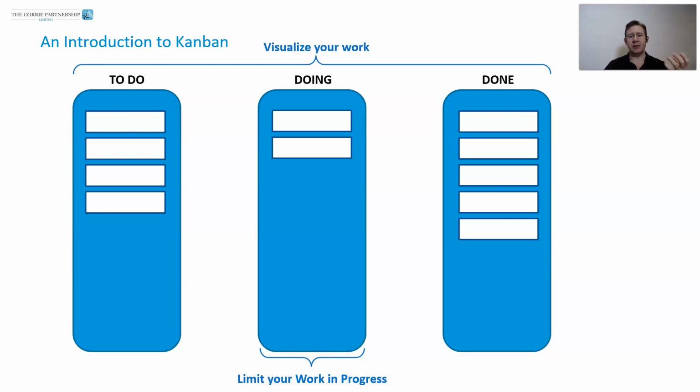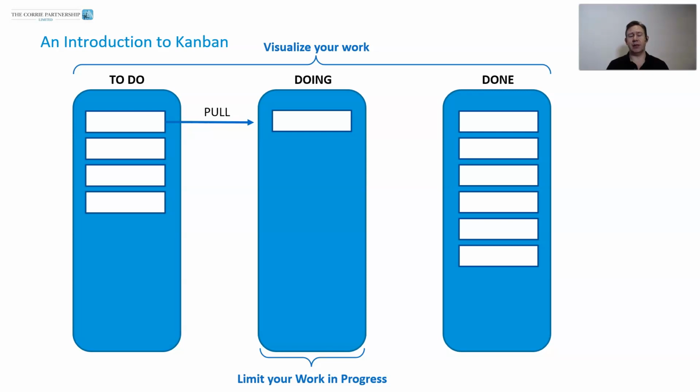So as you finish something that you're doing, it then moves into done, and then we're ready to pull the next item across from to do. If we are thinking of the to-do column in terms of a product backlog, of course, we will be prioritizing that and putting the most valuable things to us at the top.